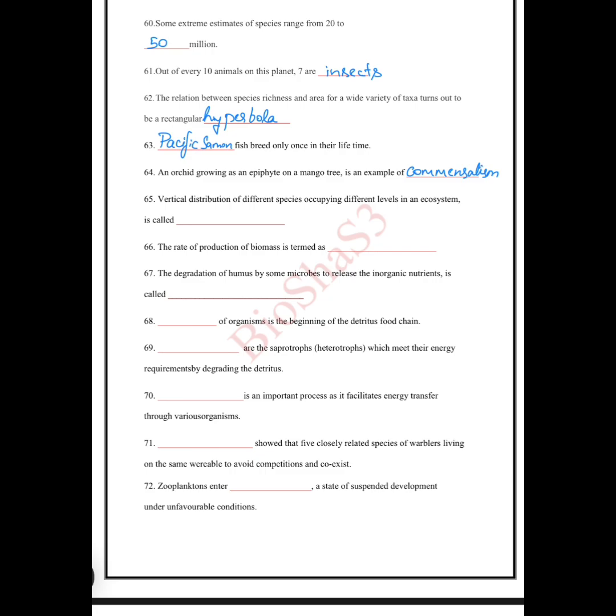Vertical distribution of different species occupying different levels in an ecosystem is called stratification. The rate of production of biomass is termed as productivity.